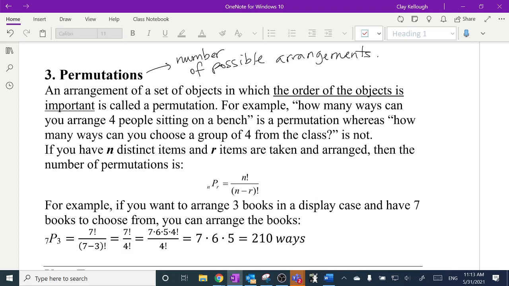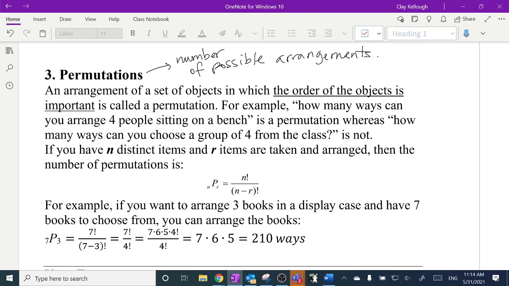For example, how many ways can you arrange 4 people sitting on a bench? That's a permutation. How many ways can you choose a group of 4 from the class is not, because it doesn't matter what order I choose them, I've still got the same 4 people. So if the order matters, it's called a permutation.